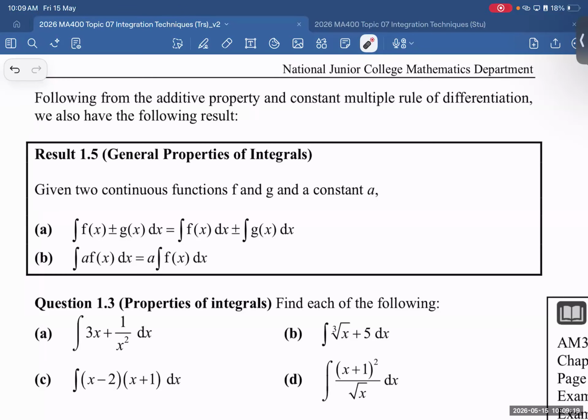The function is called an integrand. Now, if there is a scalar multiple, just like differentiation, integration is linear, so this a can be put outside as well. Just like differentiation, in integration, we put everything to index form.